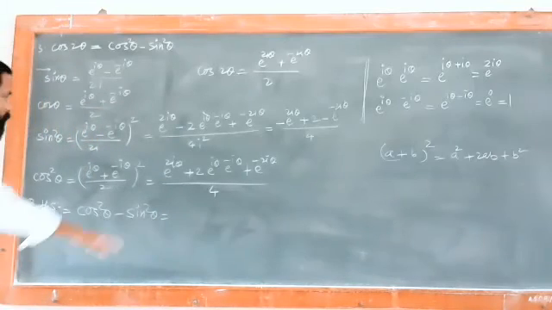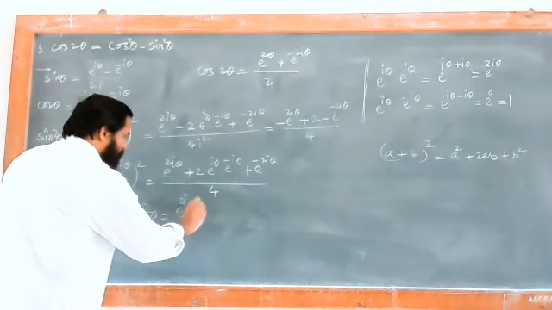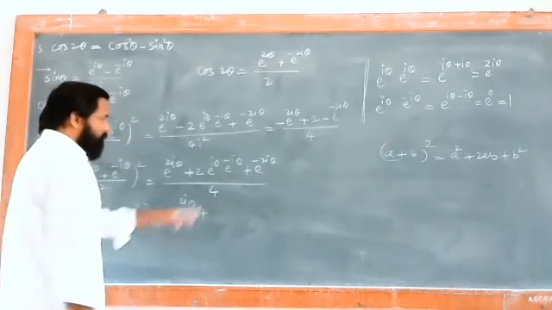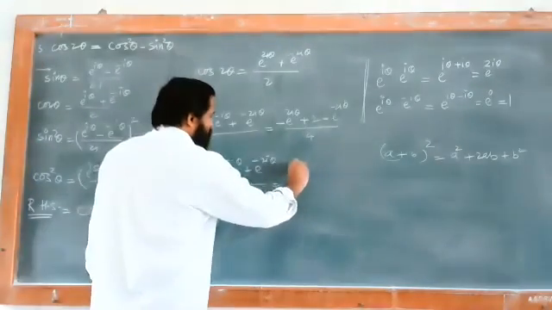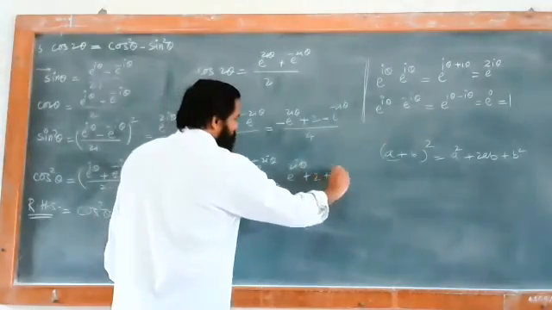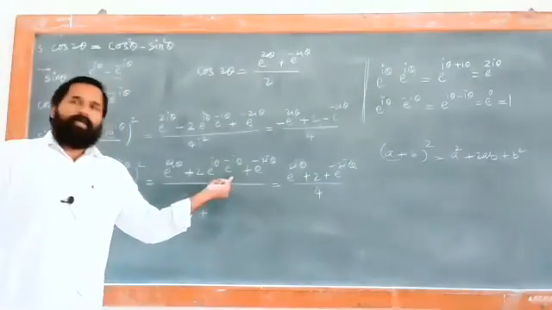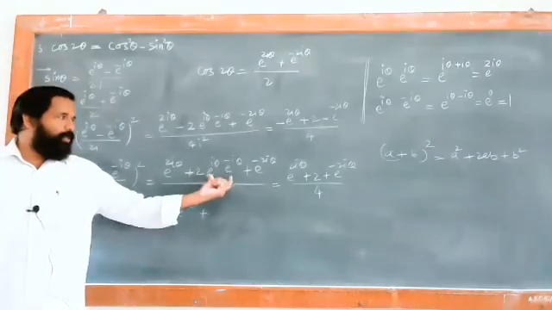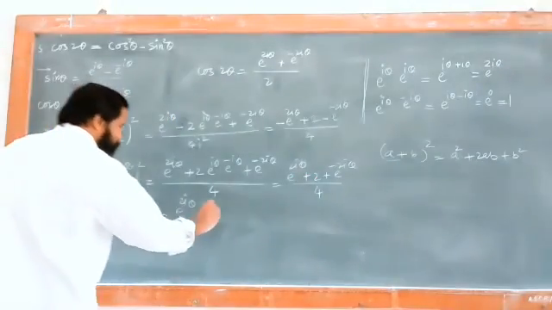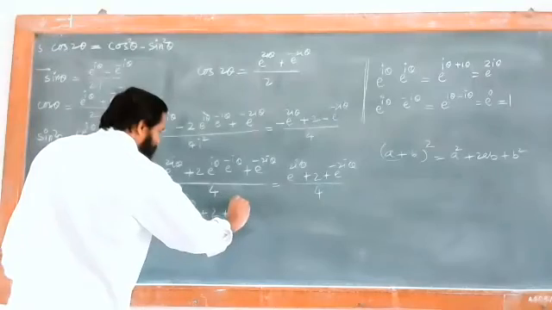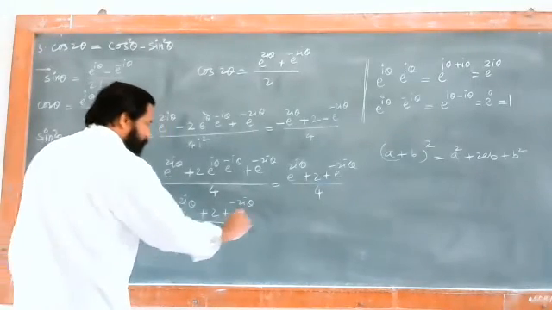So what is cos square theta? I write the term, that is e raised to twice i theta plus 2 plus e raised to minus twice i theta divided by 4. This thing, e raised to i theta into e raised to minus i theta, is equal to 1. And so I can write it like this. So this is 2 plus e raised to minus twice i theta, and that is divided by 4.